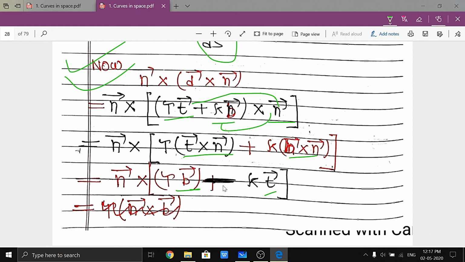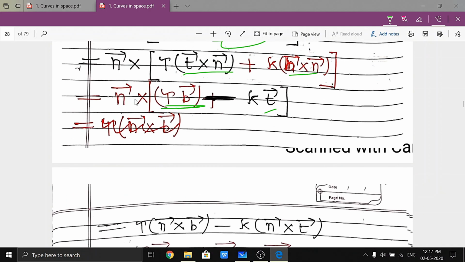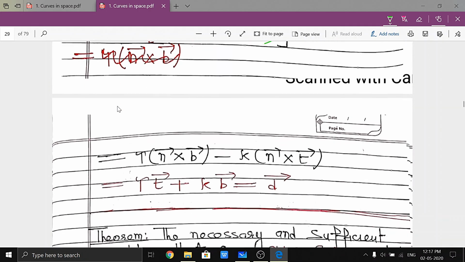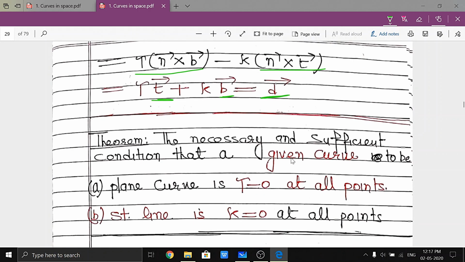So this will become minus kappa t, and a positive tau b, so tau b minus kappa t. Clear? So this is again taking the cross product with n vector. So this is tau n cross b minus kappa n cross t. Its values are t vector and b vector, which is equal to the t vector. So that is our fourth result.